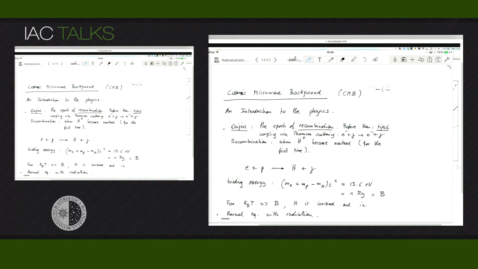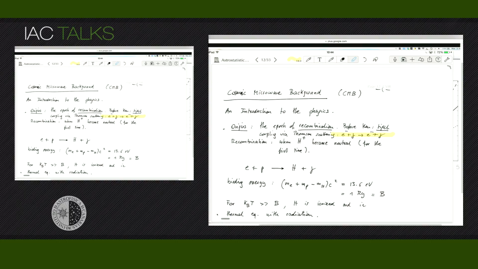Those free electrons were coupled to photons via Thomson scattering, which is a very efficient scattering process with a relatively high cross-section. That meant that photons were tightly coupled to electrons. Electrons were coupled to protons via electromagnetic interactions, and that meant that photons were tightly coupled to baryons.